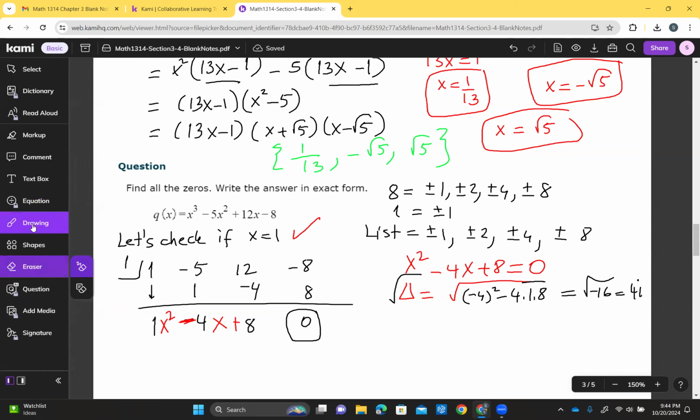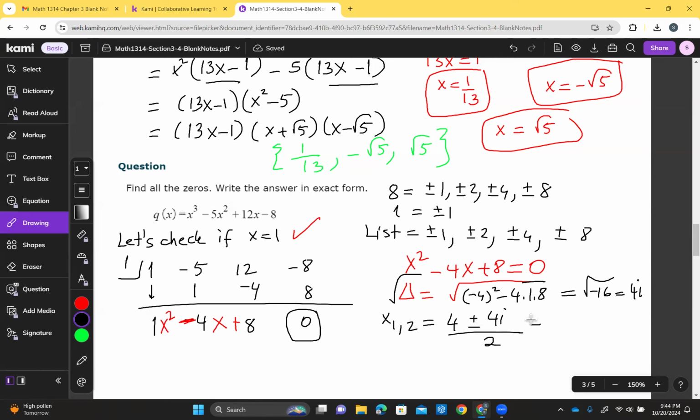Now, I'm going to find the two zeros. Again, I'm using the quadratic formula. You should be very comfortable with this because this is what we have been doing since the beginning of the semester. So I need negative b, which is just 4, plus and minus 4i over 2, which will give me 2 plus and minus 2i.